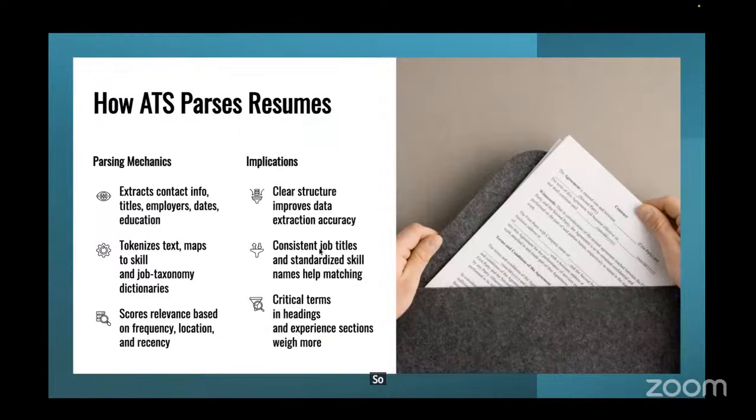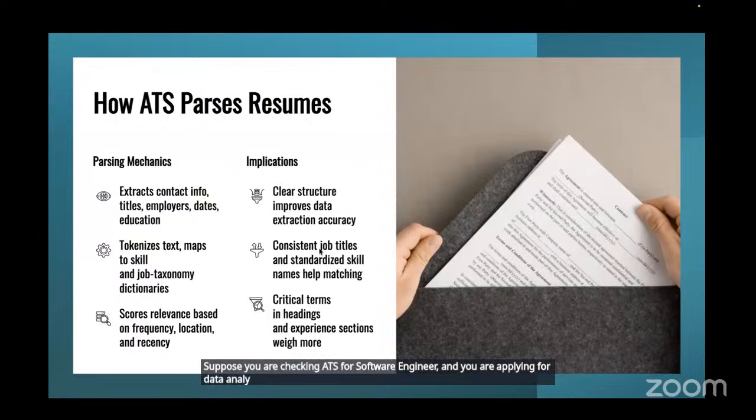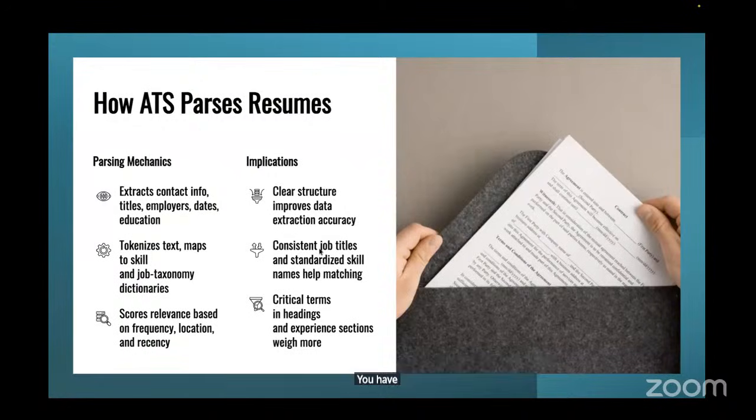The ATS score also depends on factors based on the job description. Suppose you are checking ATS for software engineer and you are applying for data analyst, so there's a difference. You have to upload the job description, and only then check the ATS score.